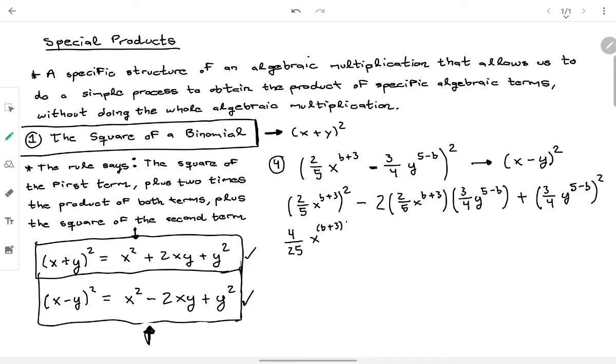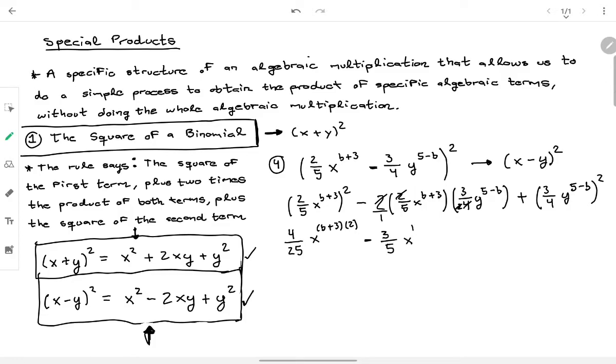It's multiplying exponent by exponent, the power of a power. Then the second term is going to be negative. We can simplify this 2 with this 4, and we will get only a 2 on the bottom part. It will be also divided by these 2, so it will be 3/5.